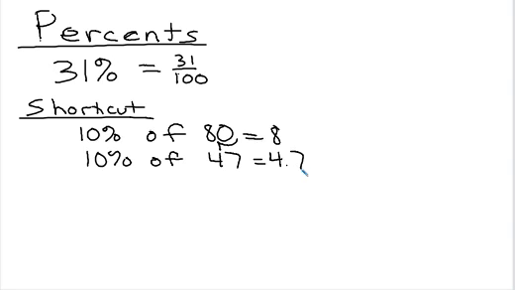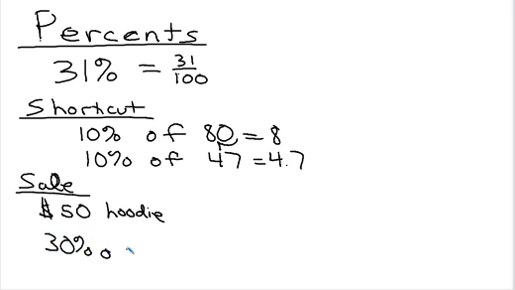Which means, for example, let's say that I had a very basic sale problem at the store. Let's say that there was a $50 hoodie that is 30% off, and I wanted to know what the sale price is. Well, all I have to do is first find 10% of the hoodie. 10% of 50 is 5, right?